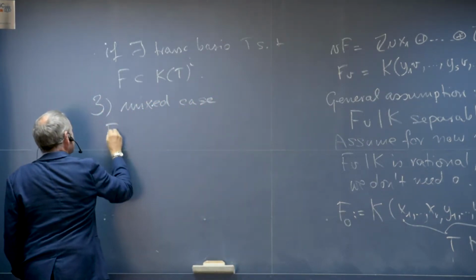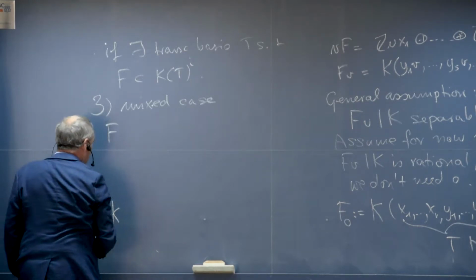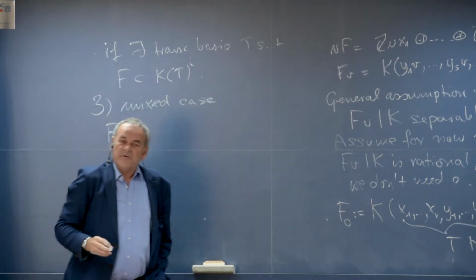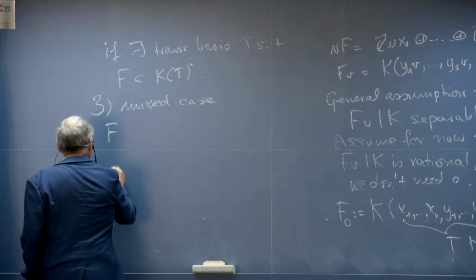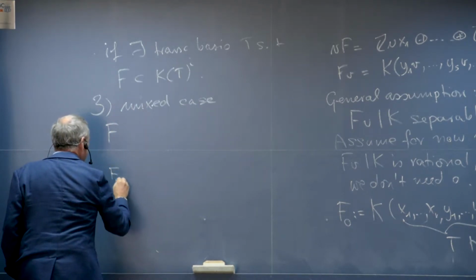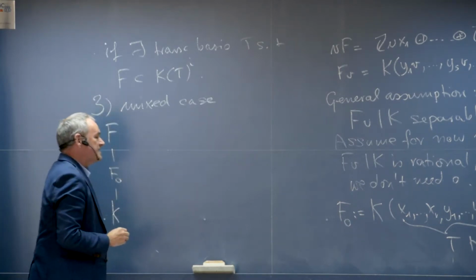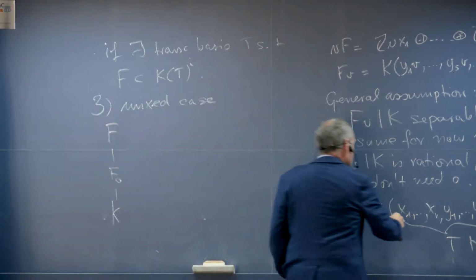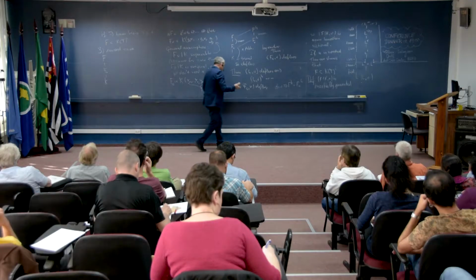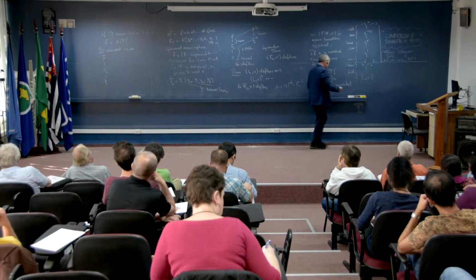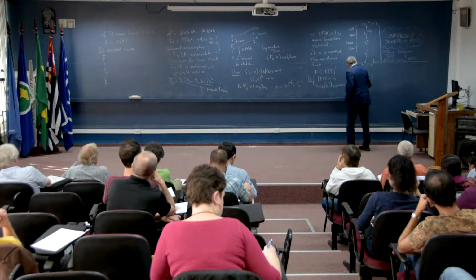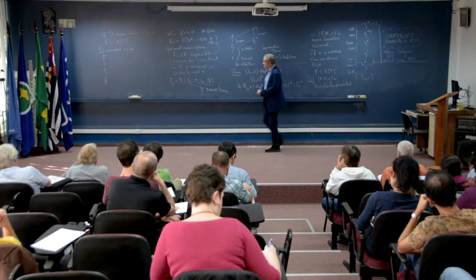Yeah, you have this function field over k, and we want to get a function field in between that looks like the one that we had here by taking now x1 to xr. We cannot take them as generators of the value group. The value group may not even be finitely generated.